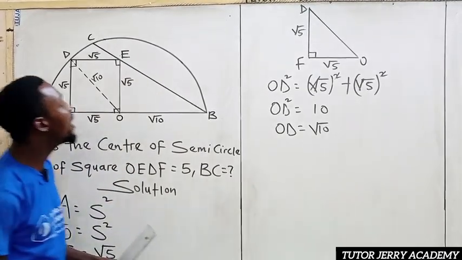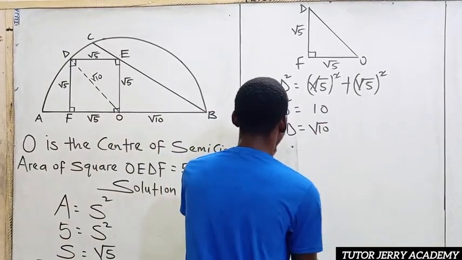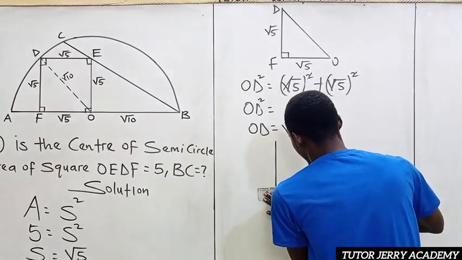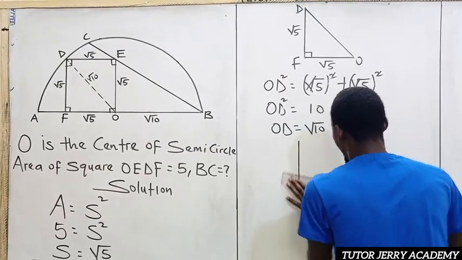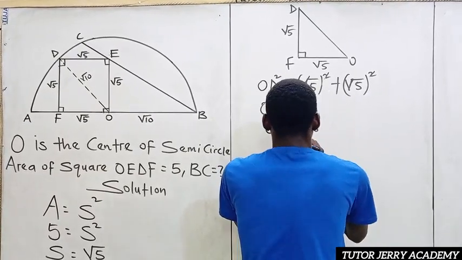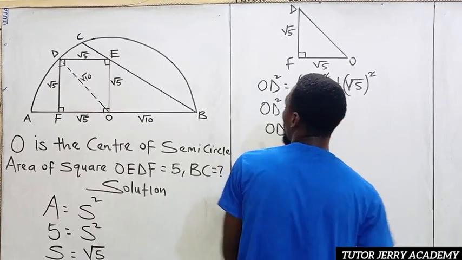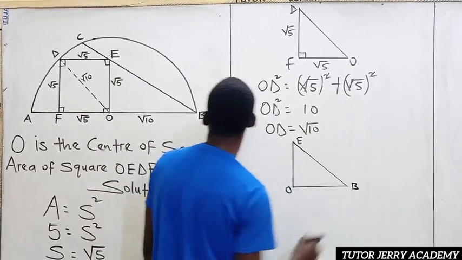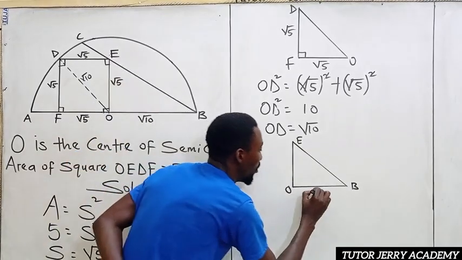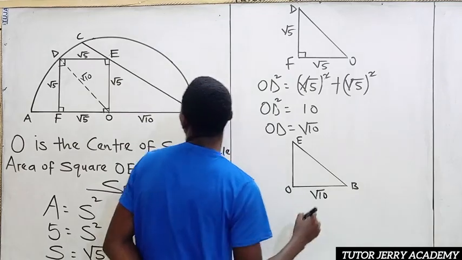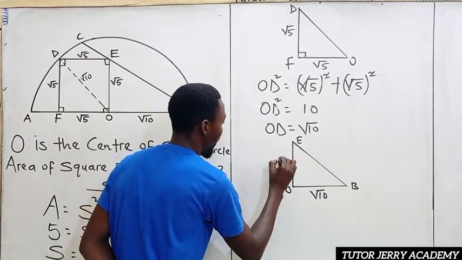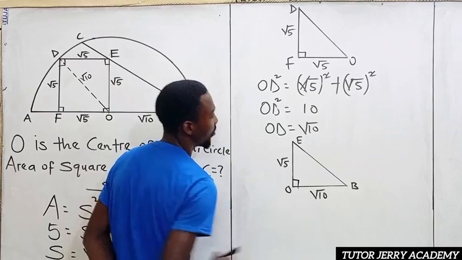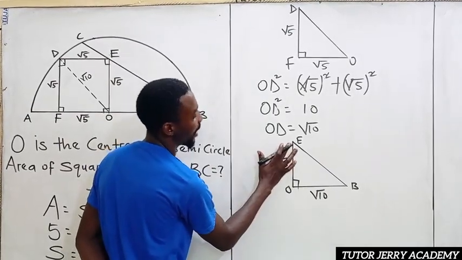Now, let's consider triangle EOB. Triangle EOB is going to look like this. We have E, O, and B. We know that OB is root 10 and OE is root 5. This is a right angle triangle, so now we can find EB.